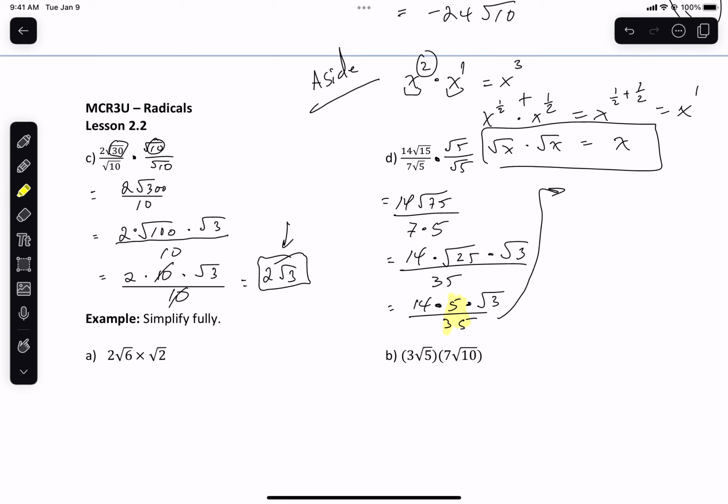What's that reduced to? 7. Everyone, no, not 7. 1 over 7. Oh, wait. 1 over 7. Does everyone agree? 5 over 35 would be 1 over 7, right? And so this is equal to 14 multiplied by 1 multiplied by root 3 over 7.